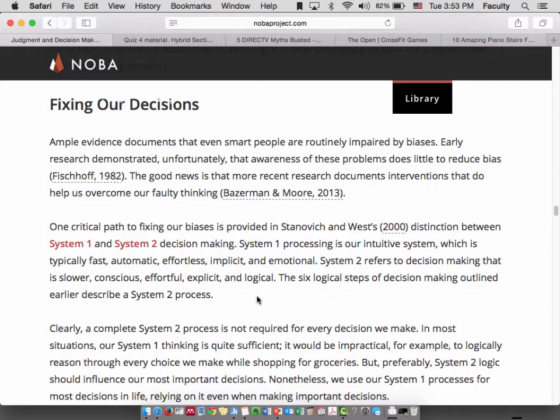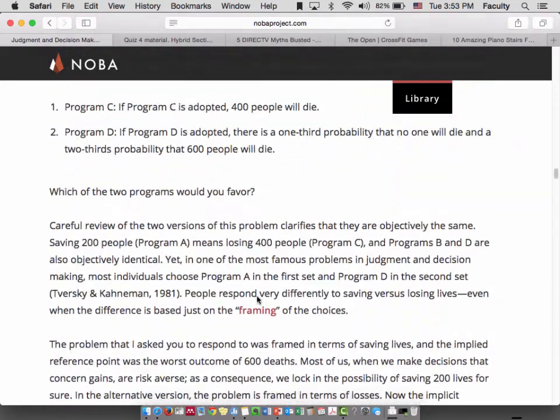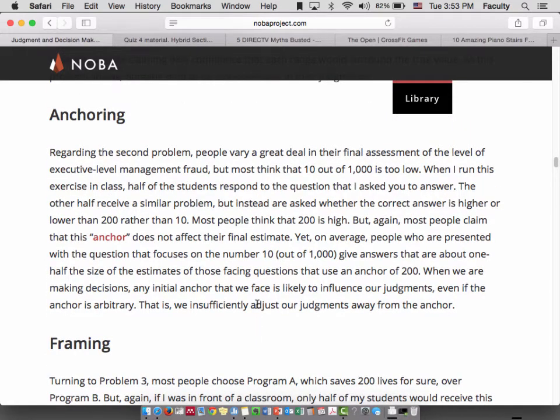Okay. And so when you think about the rest of the module, these things like framing that we'll talk about in a bit and anchoring, these are the shortcuts that we use, or at least two of the shortcuts that we use that become part of that System 1 kind of decision making.